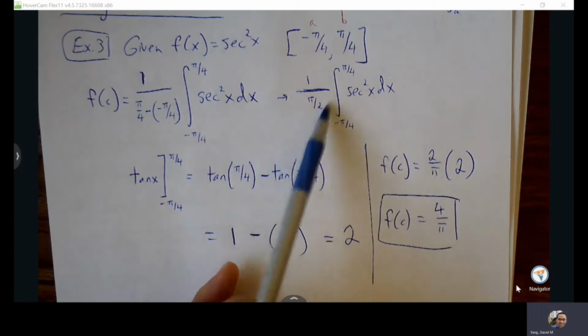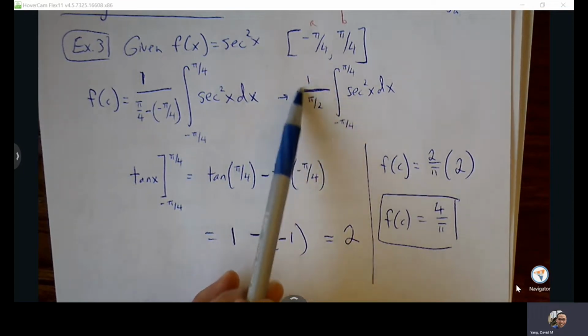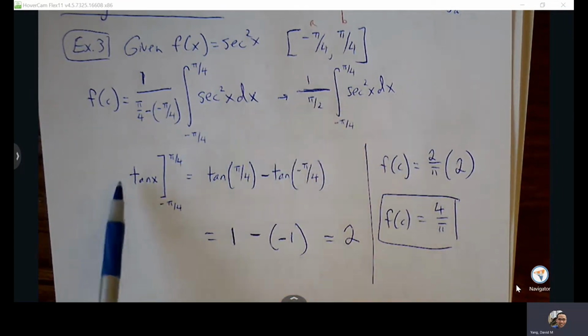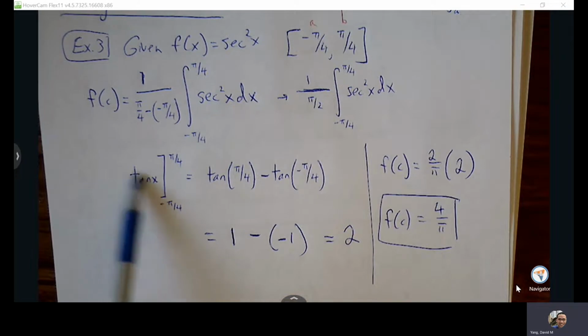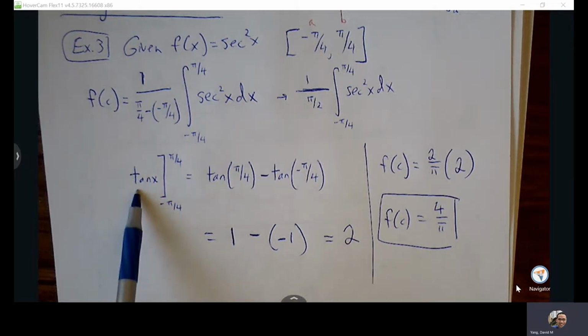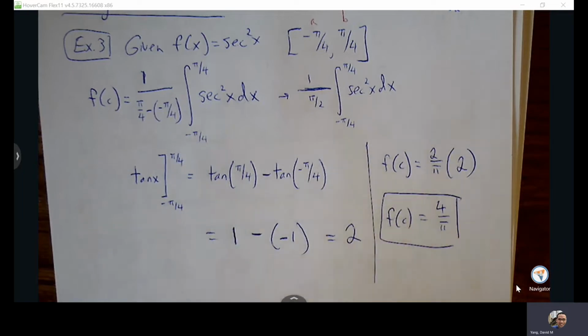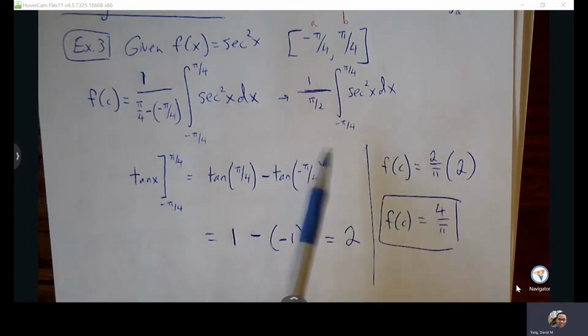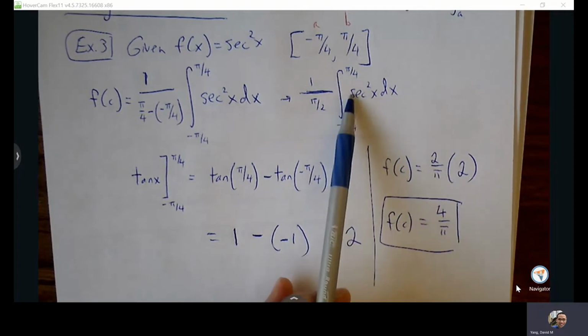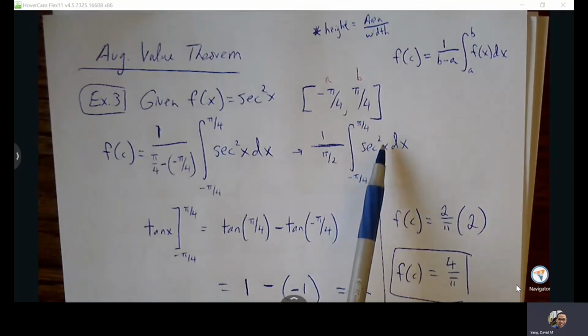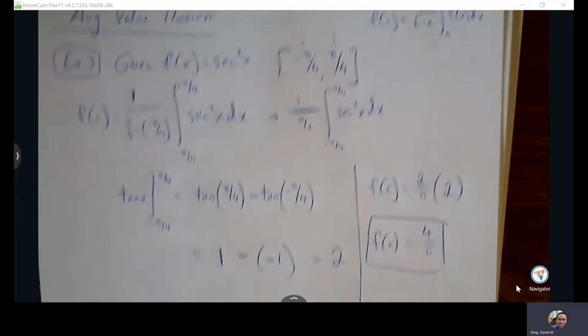So either you involve the width along with the evaluation of your area of your definite integral, or you wait to the end. Either way, you just have to make sure you involve it sometime, either in the middle of the process or at the end. Otherwise, you'll be only left with the area, and you're not truly representing the average value.